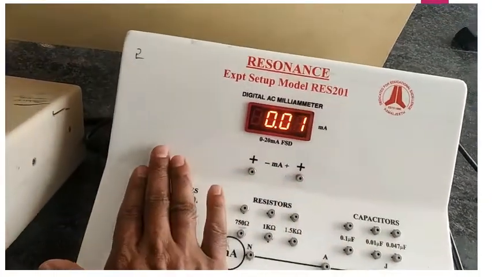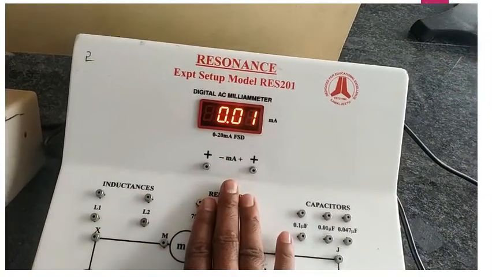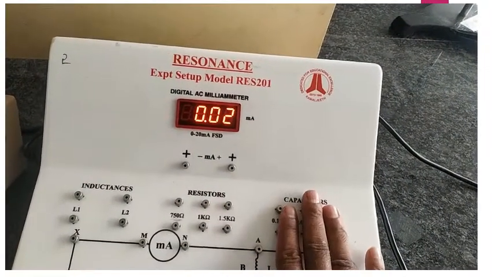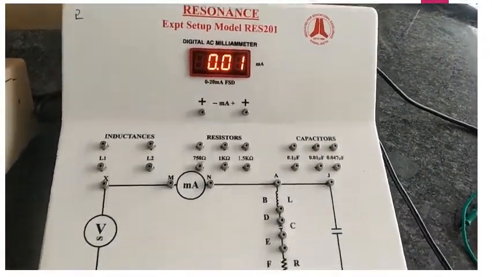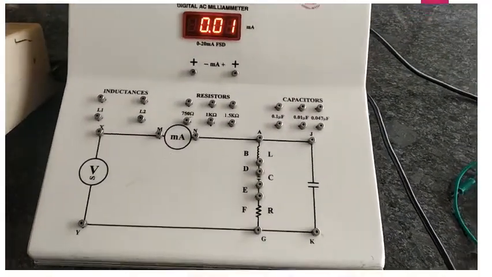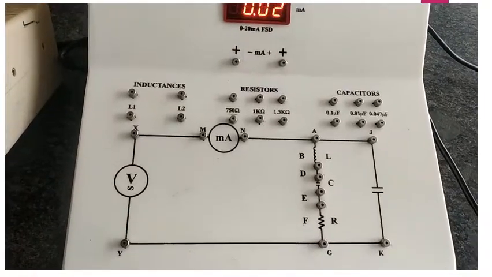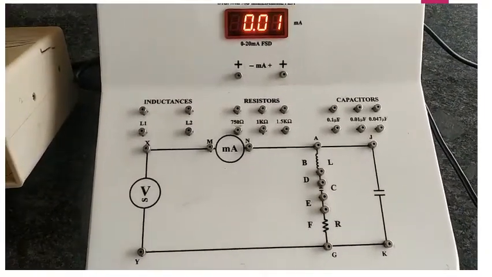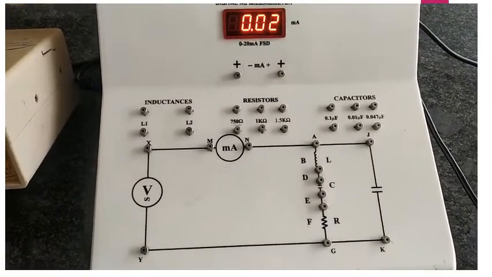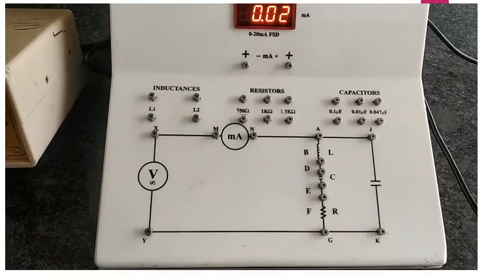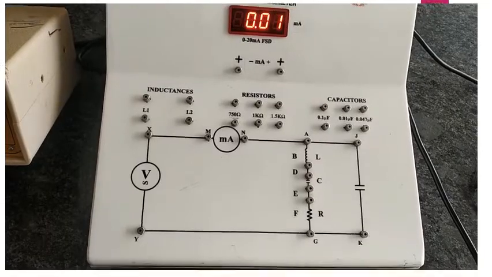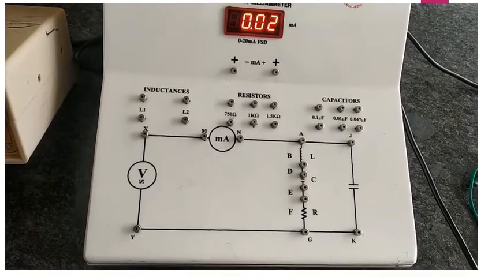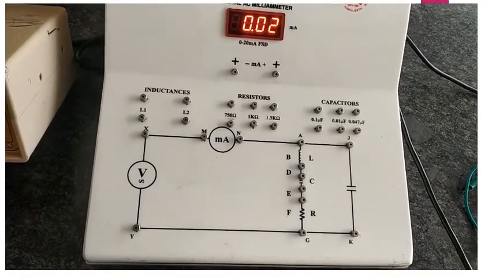You can select any one inductor, any one resistor, and any one capacitor. Using the values you already calculated and determined for the theoretical frequency, you can select the range of frequency from the function generator. Now I have selected L1 as the inductor, 750 ohm as the resistor, and 0.01 microfarad as the capacitor for the connection.